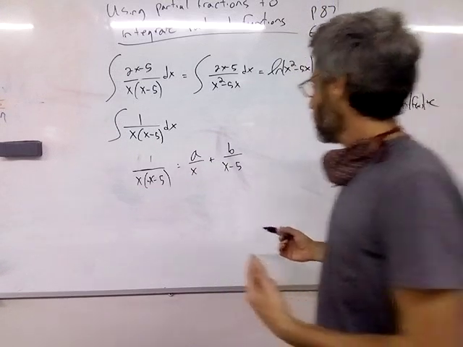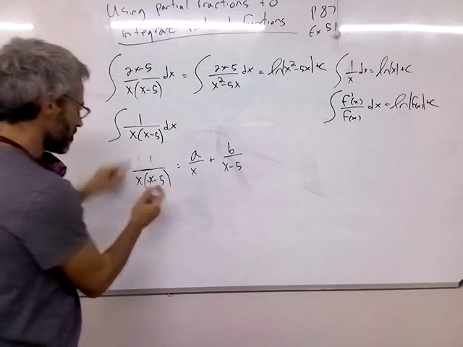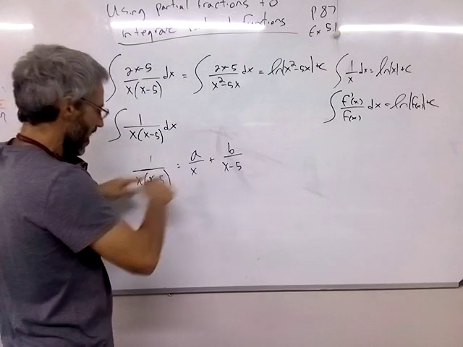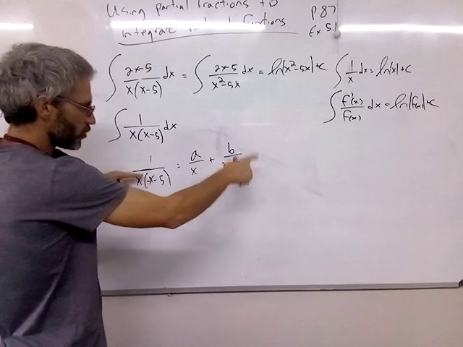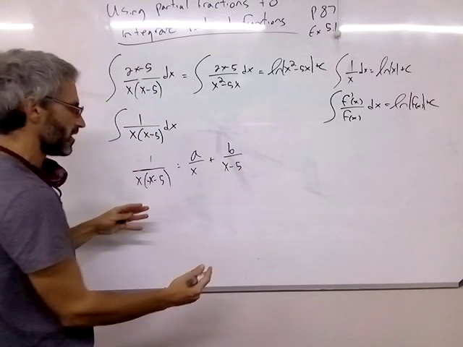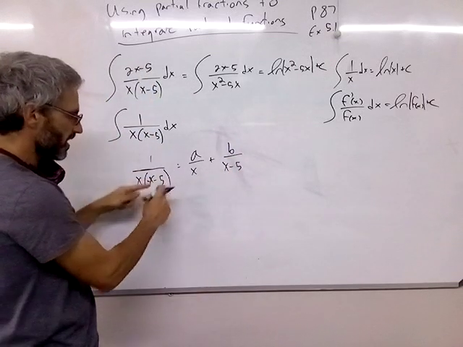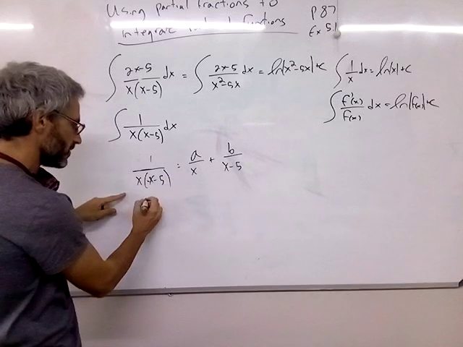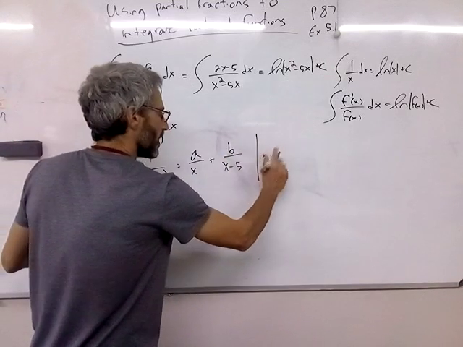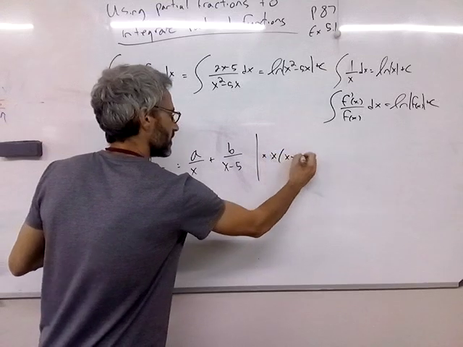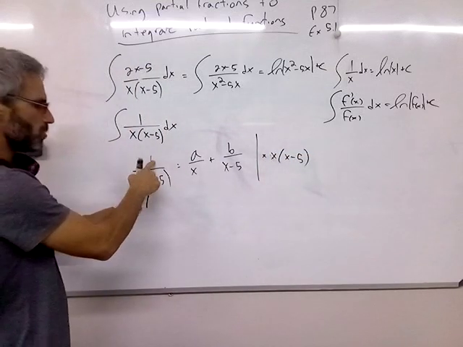The way to do it is, once you've written that, you'll understand that it's going to be A divided by that plus B divided by that. Then we're going to just multiply both sides of the equation by x times x minus 5. What we'll get is 1 on the left side.